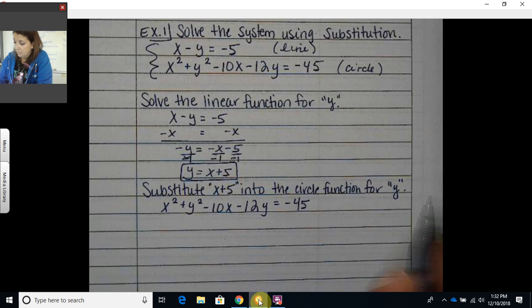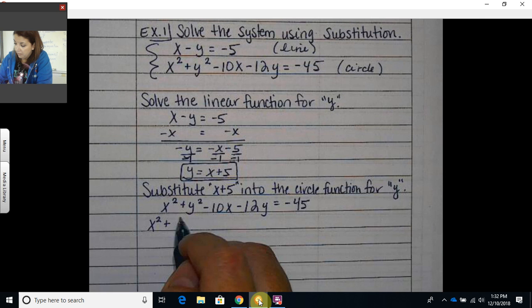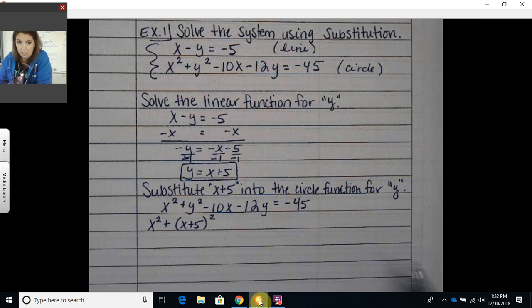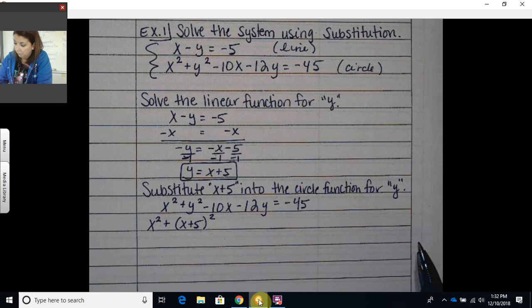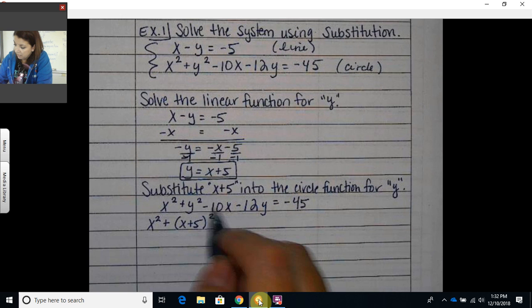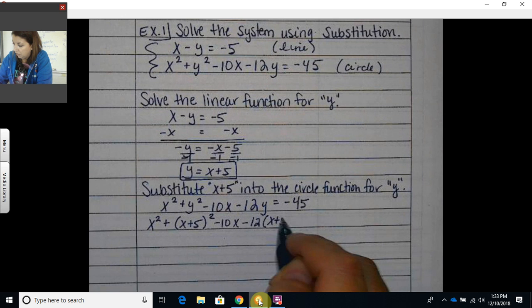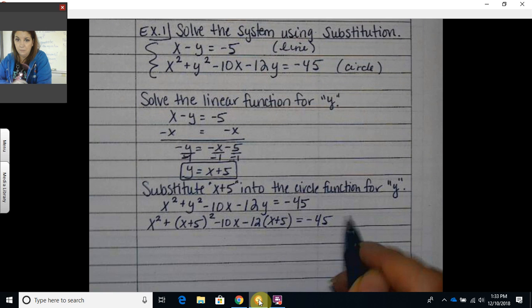So if x squared plus y is being squared, that means the whole thing, the x plus 5, the whole thing's being squared. So I need a little extra space. Minus 10x minus 12 times y, so it's 12, open parentheses, x plus 5, close parentheses, equals negative 45.